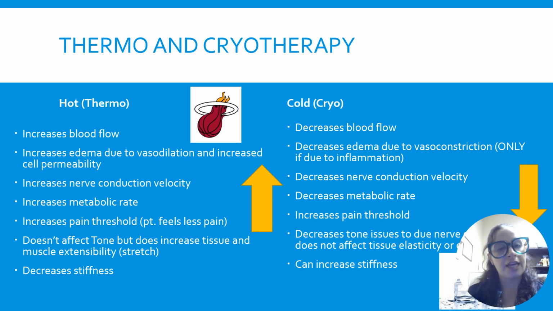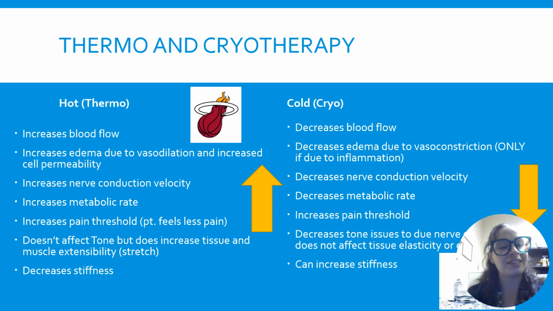But there are times where it's not quite the opposite, like with the pain threshold. Both increase the pain threshold, which basically means that the patient can tolerate more pain, which means they feel less pain. And both of them do that the same way. There's no opposites there. Hot doesn't really affect tone as much.